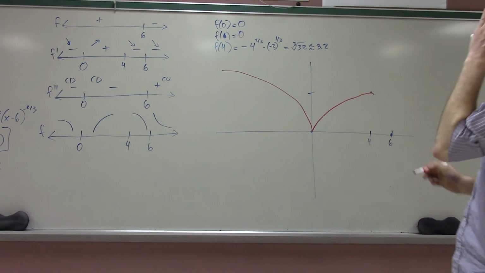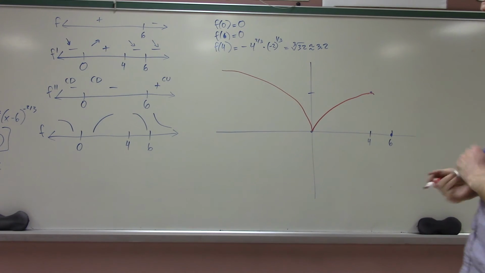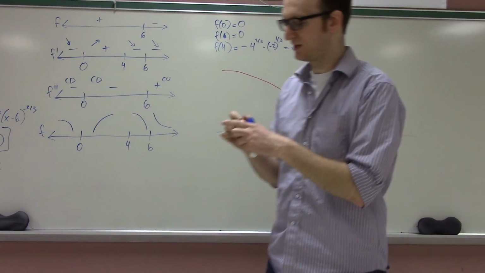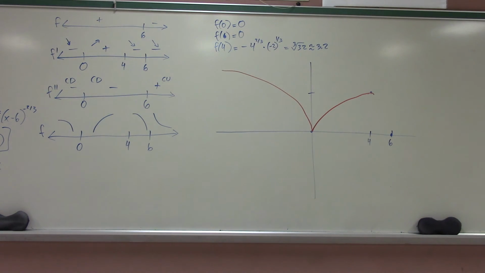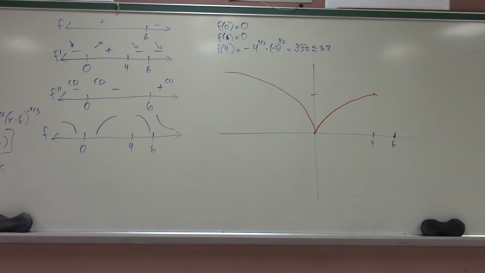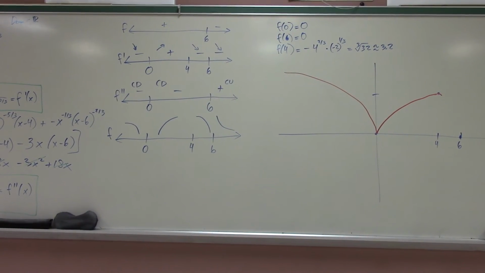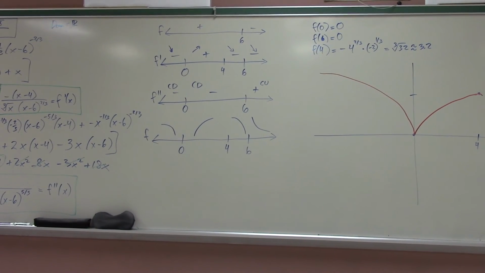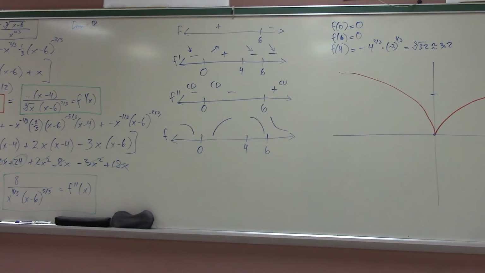And then what happens at, oh, by the way, how else do I know there's a sharp point here? If you go back to the formula for the derivative, I'm sorry that I have to rotate this camera a little bit. If you go back to the formula for the derivative, you can see that when x is 0, the derivative is undefined.